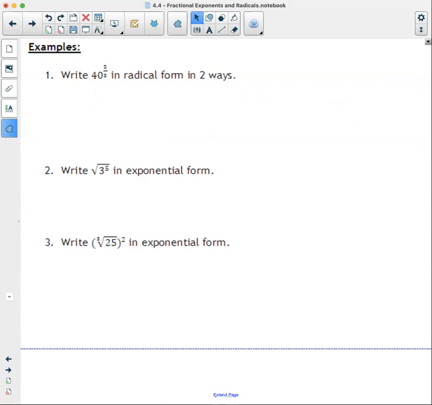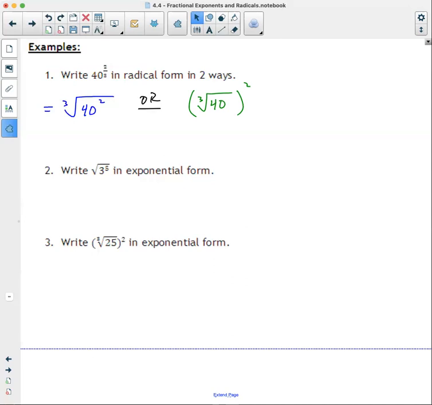So fractional exponent, remember, the denominator of the fractional exponent is the index of the root, and the numerator of the exponent is the exponent of the radicand, okay? So we can write it that way, or the other way we can write it, instead of squaring 40 and then taking the cube root of that, we can take the cube root of 40 and then square it, okay?